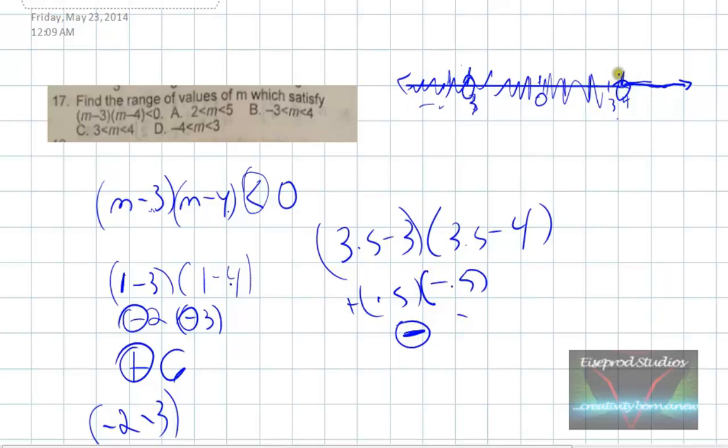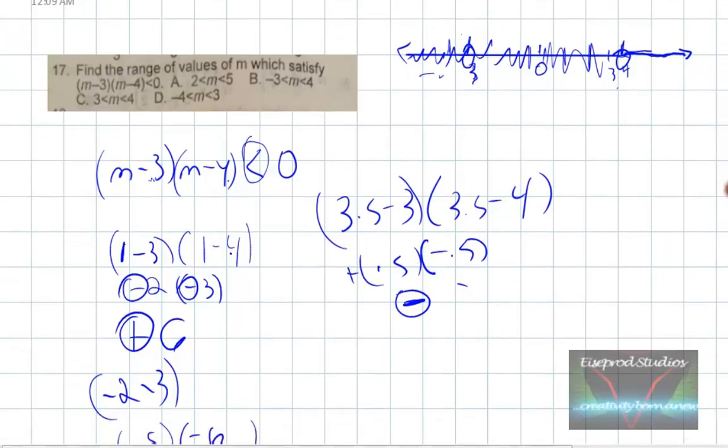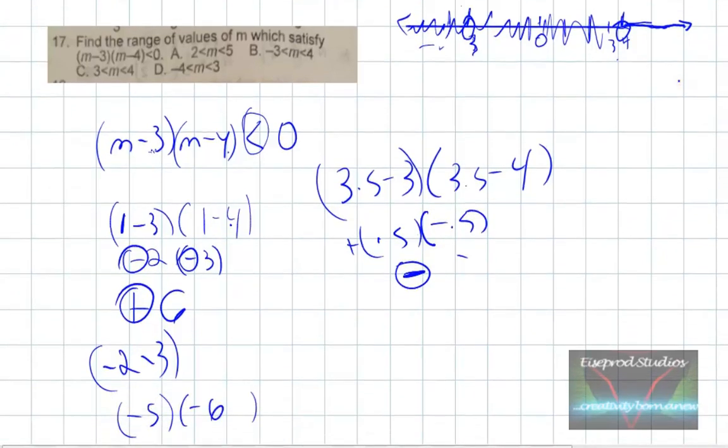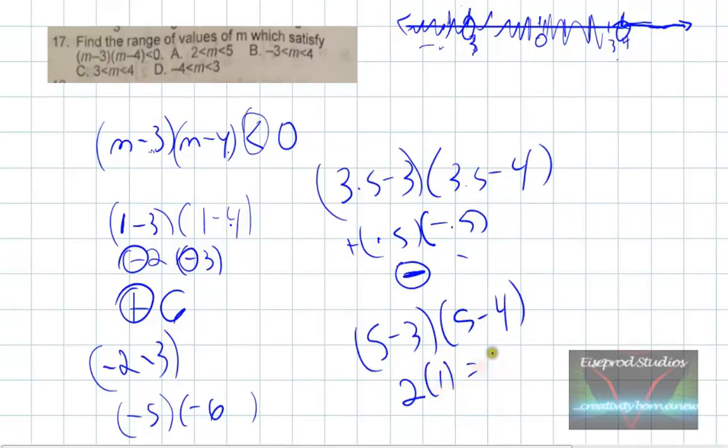But what happens when I reach 4, or above 4? When I reach 4, I get 0, and that's not less than 0, that's equal to 0. So 4 is not going to be inclusive. What if I use the number 5? Well, 5 minus 3 is a positive number, and 5 minus 4 is a positive number, so you're going to get a positive answer.